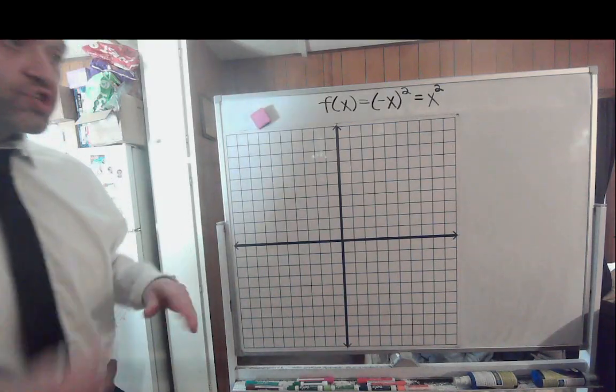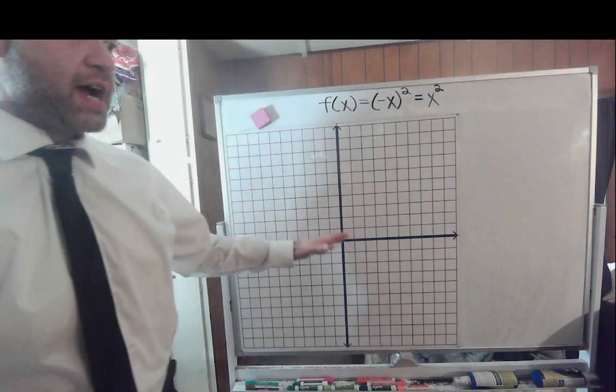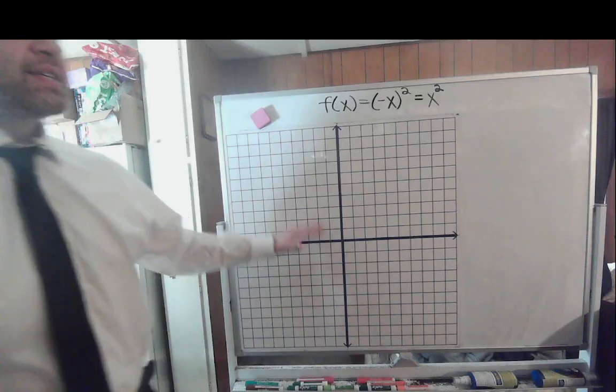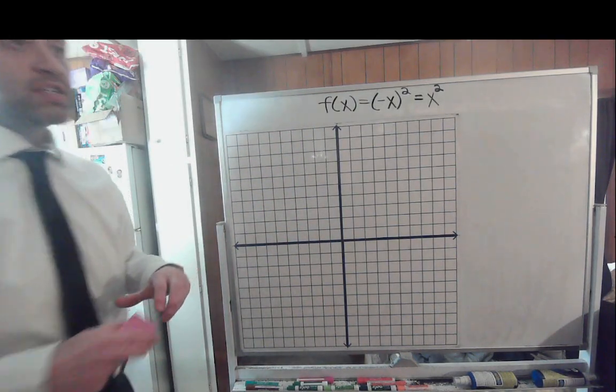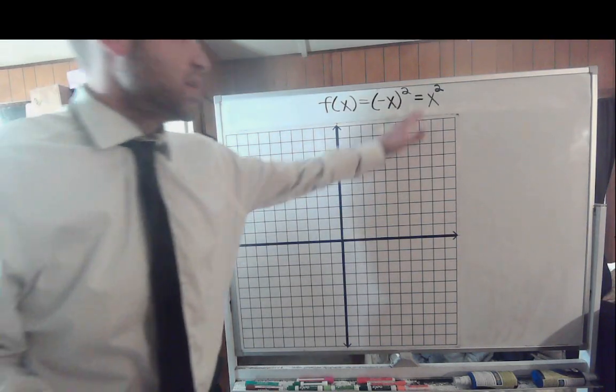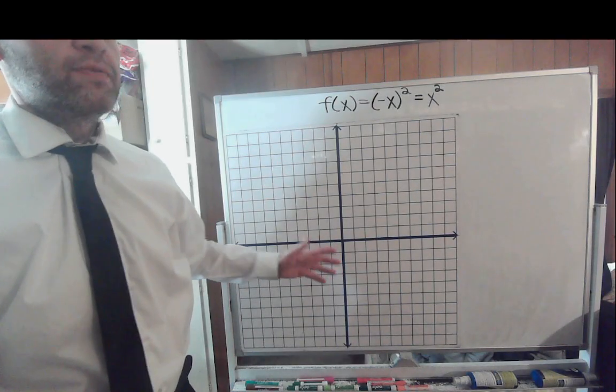So unfortunately, we can't really reflect an even power graph of a function in the y-axis. We can't do that because if you raise a negative number to an even power, it'll always come back positive and will make that reflection in the y-axis null and void.